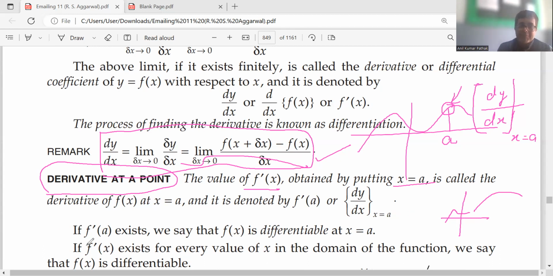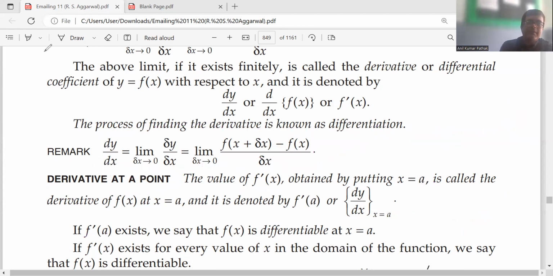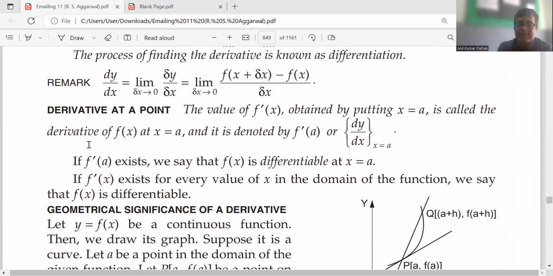So if f dash x exists at that particular point, then only we say f of x is differentiable at a. Otherwise, it is not possible. Now we proceed further, and in this section we will also discuss some questions on how to differentiate by first principle, that is, how to start.